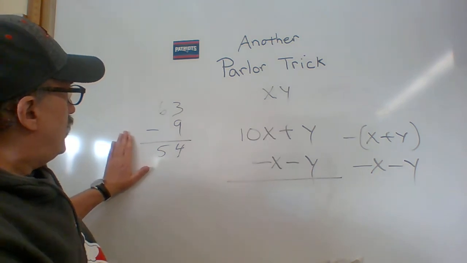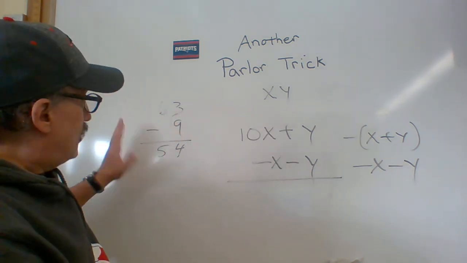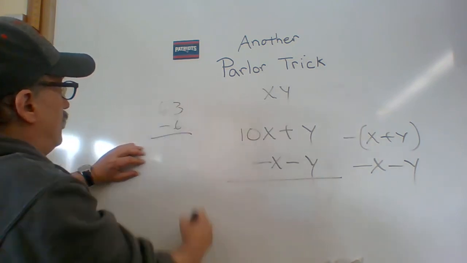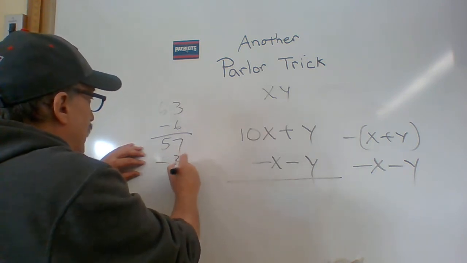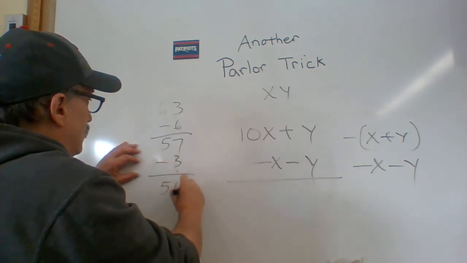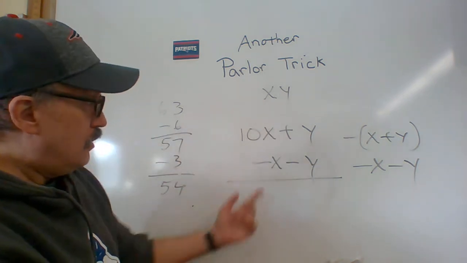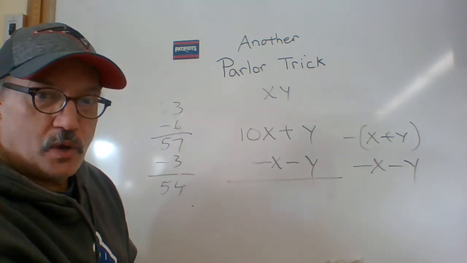But how else could we have done subtracting 9, 9 being the sum of the 6 and 3? How else could we have done that? Well, we could have done subtract 6, right? And that's 57, and then subtract the 3. Subtract them one at a time, right? If we subtract them one at a time, we get to the 54. Well, that's what we're doing here, subtracting the x, subtracting the y.